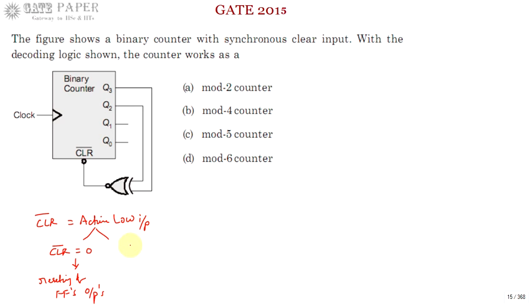If clear bar is equal to 1, then normal counter operation, that is, for every clock edge the counter increments. It is not given whether it is an up counter or a down counter, so we assume it as an up counter. Whenever it is not given, you can assume it as an up counter in general. So this is a synchronous binary up counter with synchronous clear input.